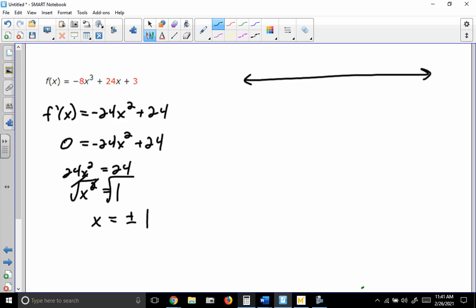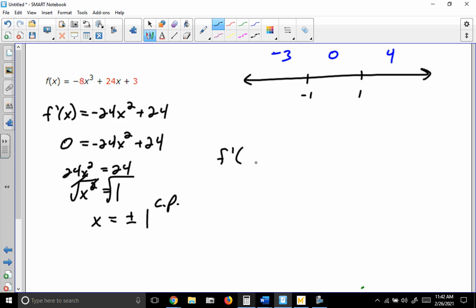We could have factored out a -24 and then factored x squared minus 1. But either way, we get critical points of plus and minus 1. So for our test points, we can use a -3, we can use a 0, and you could use a +4. Any number we want to, as long as it is in the interval that we're analyzing.